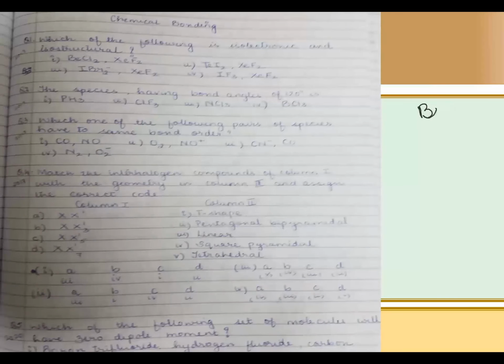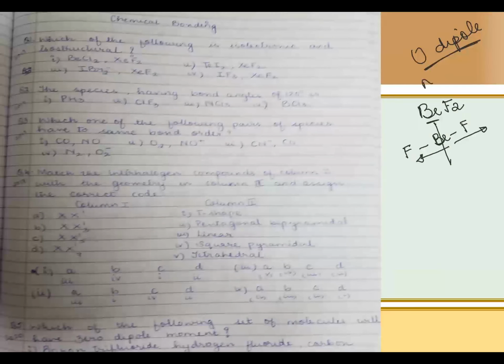Beryllium fluoride, BeF2, polar or non-polar? Does beryllium have any lone pairs? This is the geometry. This angle, this one, cancelling itself out, symmetrical compound. Zero dipole moment. I'm listing the compounds which have zero dipole moments, and normally these only will keep repeating, meaning non-polar molecules I'm telling.